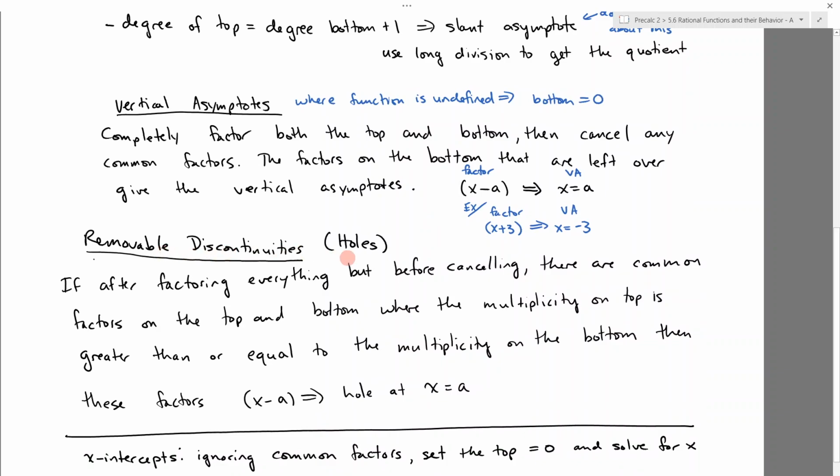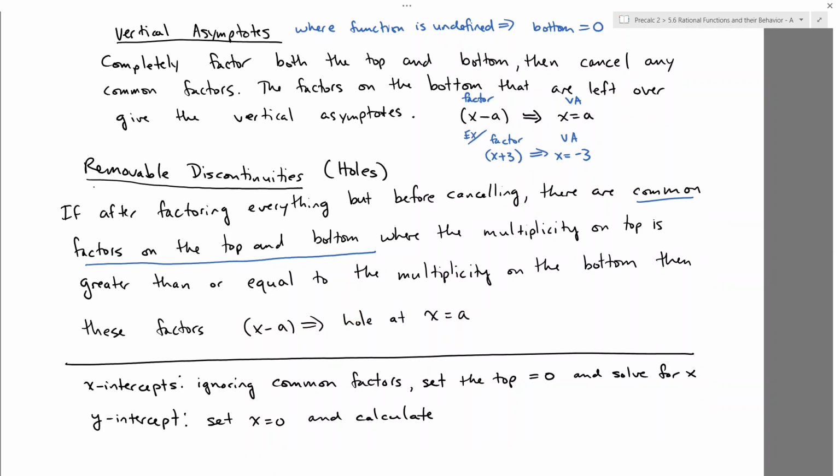And for removable discontinuities, they come from the common factors, right? The removable discontinuities are the common factors on the top and the bottom, and if the multiplicity on top is bigger than or equal to the multiplicity on the bottom, then these factors have a hole at x equals a.